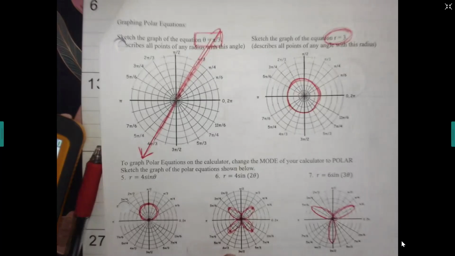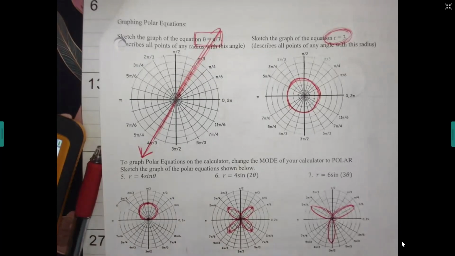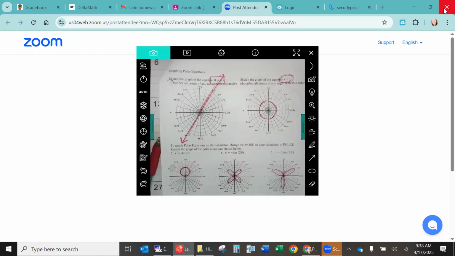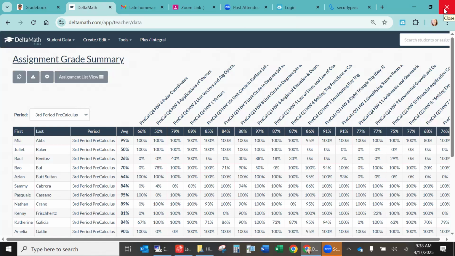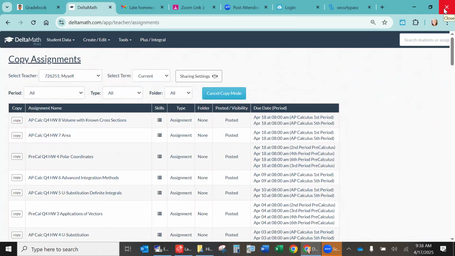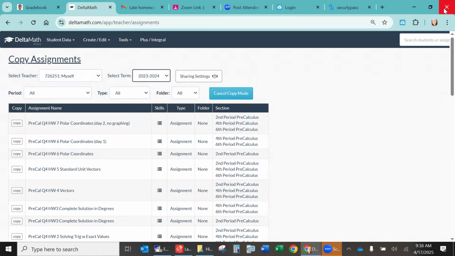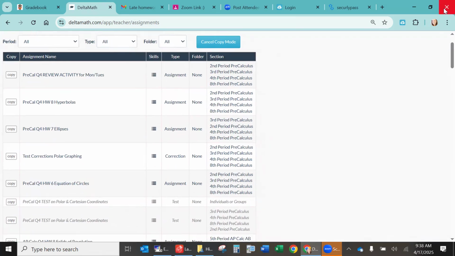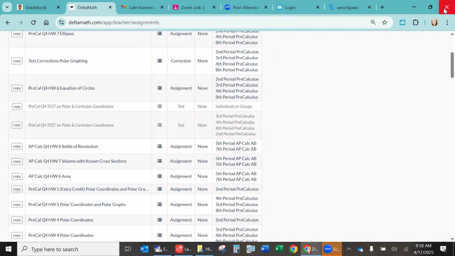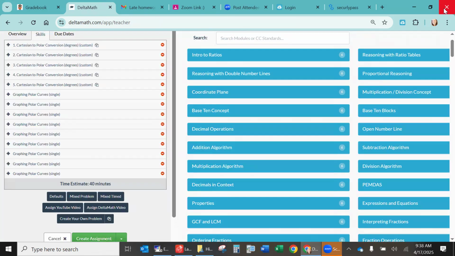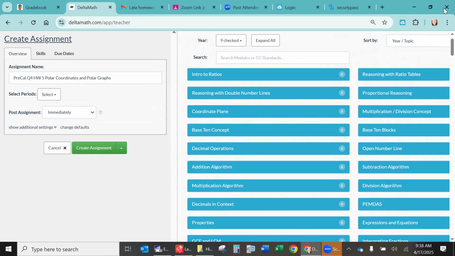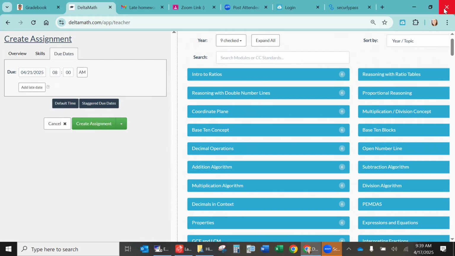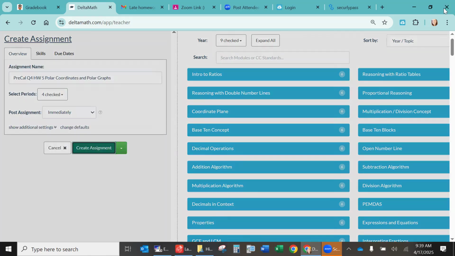I'm going to do maybe 1 or 2 of these graphs with you just to make sure you understand how to do it, and then you'll have the rest of class to work. All right, you should be able to see it now.